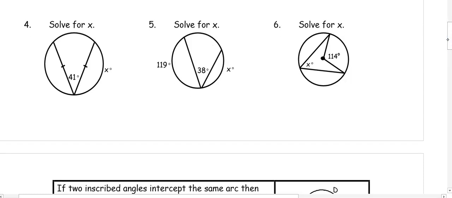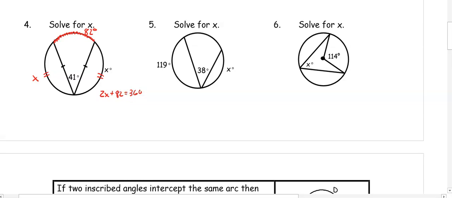In number four, we want to solve for x. So we see that these chords are marked congruent, which means that the arcs are going to be congruent, so those are both going to be x. We also see that 41 is intercepting this arc, so we can double 41 to get our arc of 82 degrees. We know in a circle that there's 360 degrees. So we have 2x plus 82 is equal to 360, and we can solve for x.